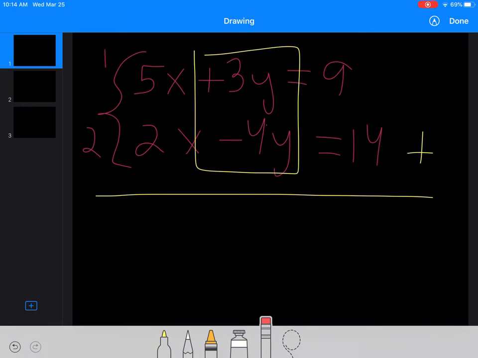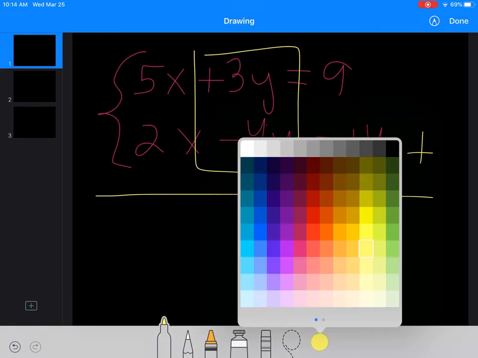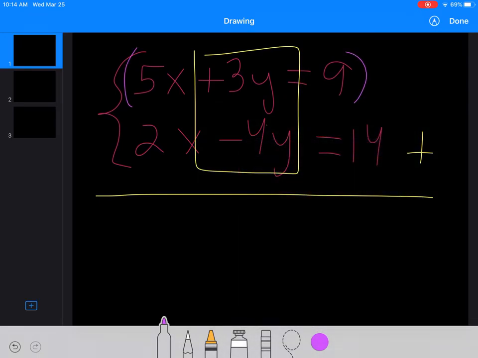We need to multiply both equation 1 and equation 2 by a number, actually different numbers, to get new equations. So let's multiply the top equation by 4, and we'll multiply equation 2, the bottom equation, by 2.